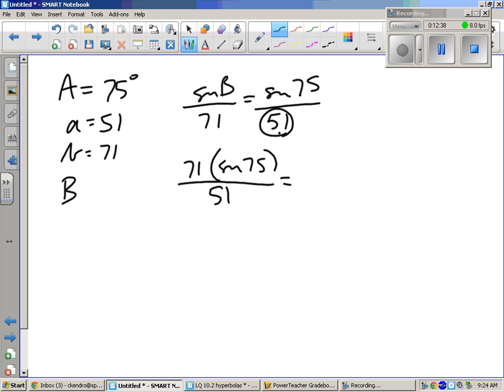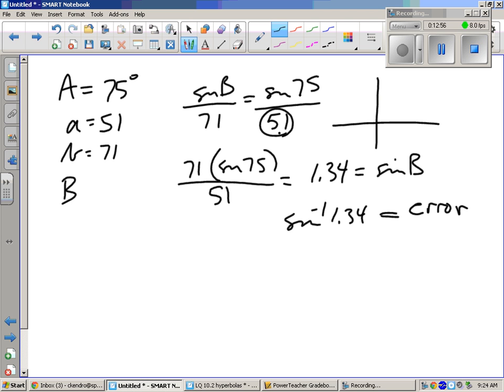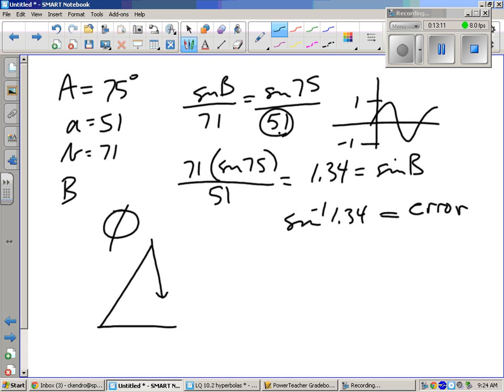All of that I get 1.34 equaling the sine of B. Now if you try to do the inverse sine of 1.34, you get an error, because remember, sine and cosine cannot be above 1. On the graph, when we graph sine and cosine, it never went above 1 or below -1. So if you get 1.34, that's an error. That's no solution. So this one is where the triangle never quite hits, and we just say no solution.